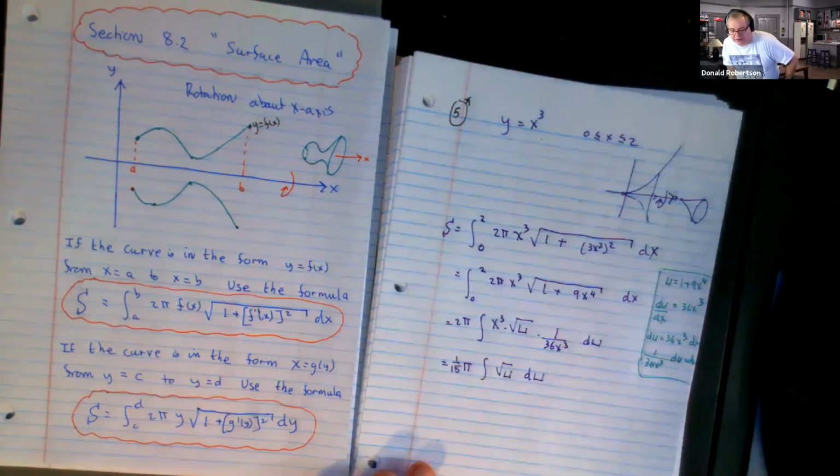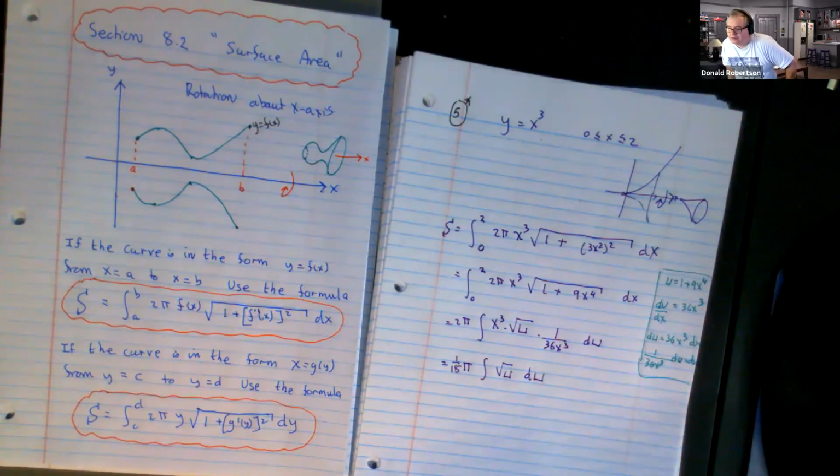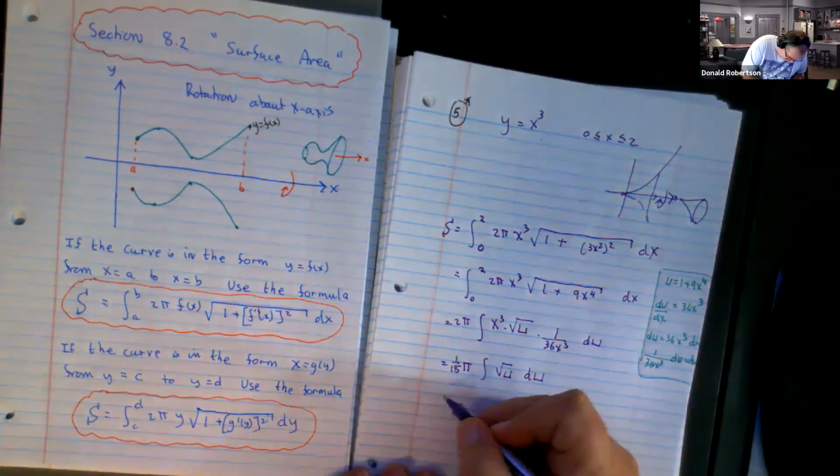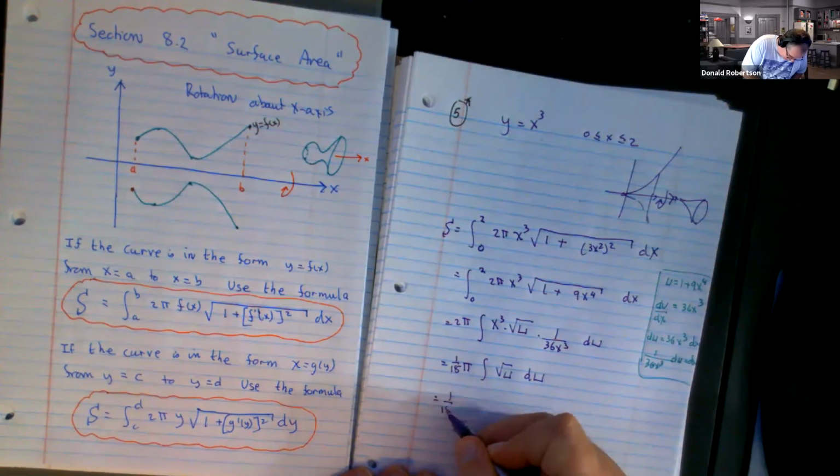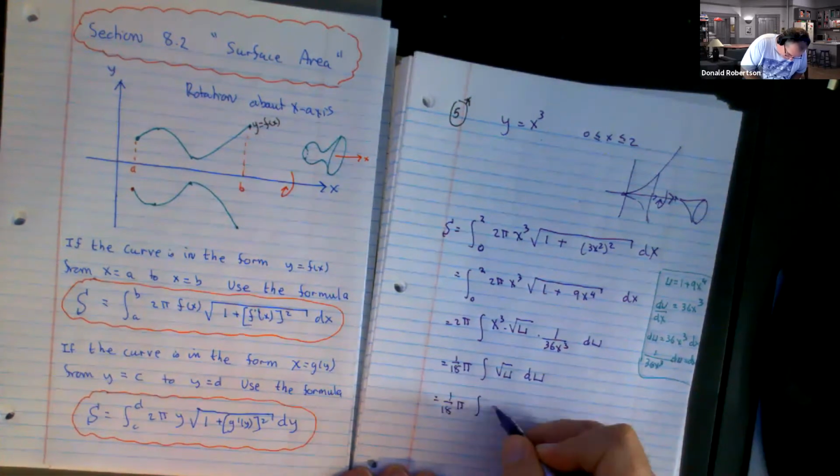Would you agree that that is a very nice integral? Right, so the u sub saved us, because the x cubes cancel and the 36 when you bring it outside, and the 2 gets you 1/18. If you want to integrate something like this, you would call it u to the power of half.